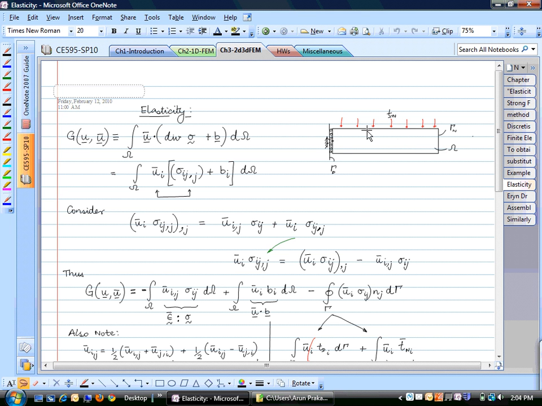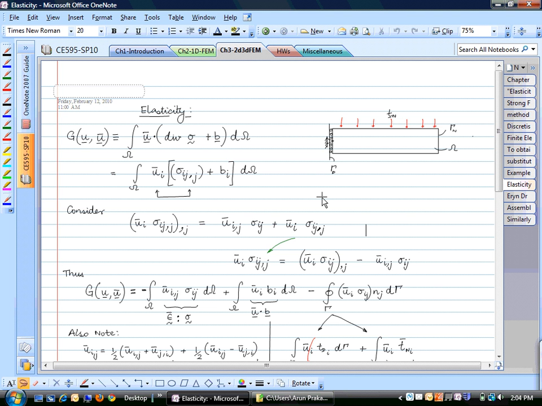On this edge, the traction is specified to be Tn. On these edges, it is specified to be 0. On the other hand, the displacement is specified to be 0 at this point in the x and y direction, and the displacement is specified to be 0 in the x direction along this edge.